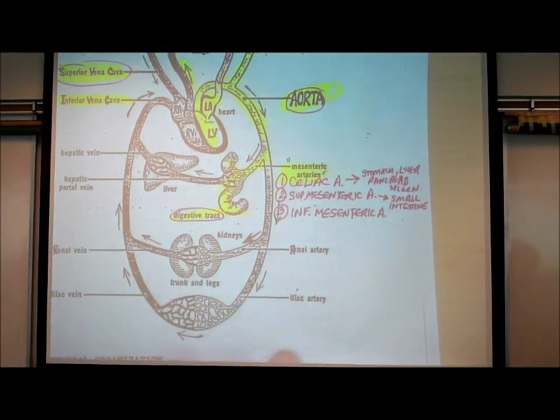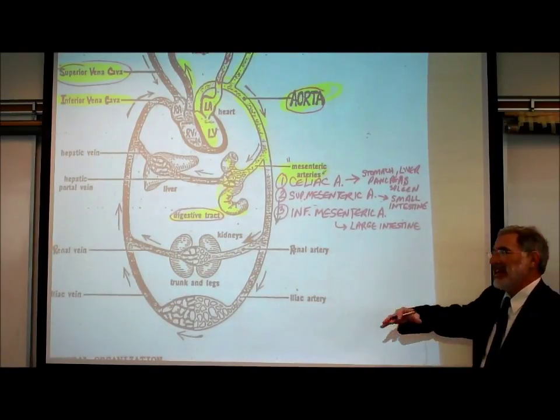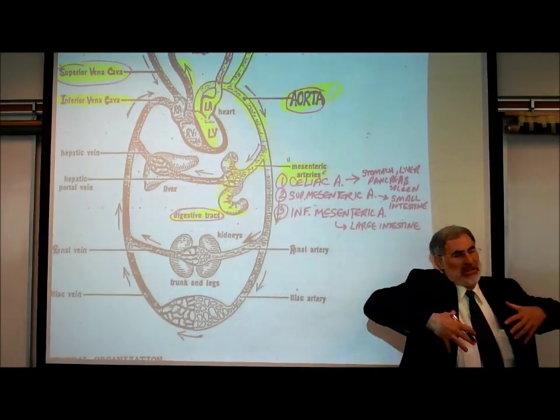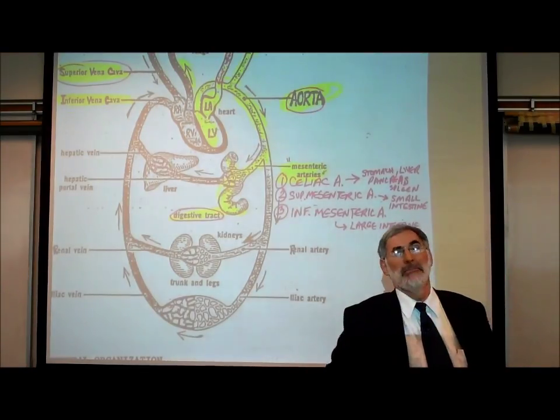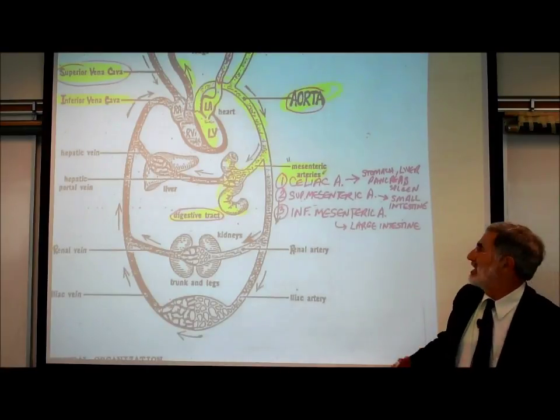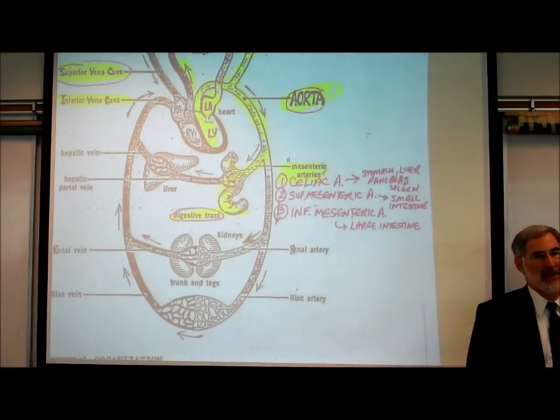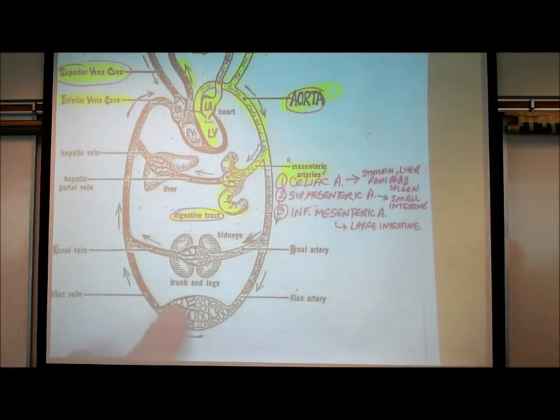And the inferior mesenteric artery is carrying oxygenated blood to the, what do you want to guess? Large intestine. Good. So you can see that the celiac is really carrying oxygenated blood to the upper part of the abdomen, the superior mesenteric to kind of the middle of the abdomen, and the inferior mesenteric, the lower part of the abdomen where the large intestine is.